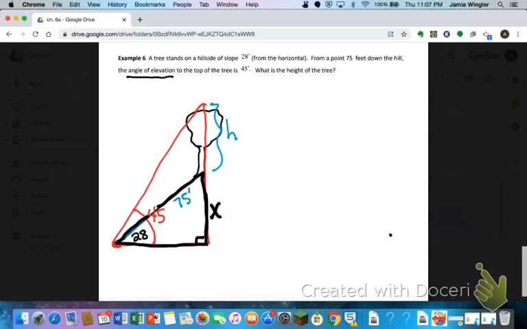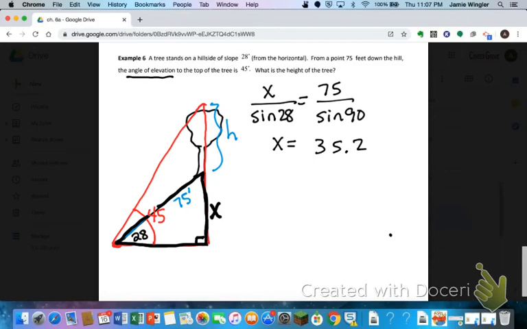So to do that, I am going to say x is opposite the 28, so I'm going to use law of sines again, and the 75 is opposite the 90. When I cross multiply, I get x to equal 35.2. And that's feet.